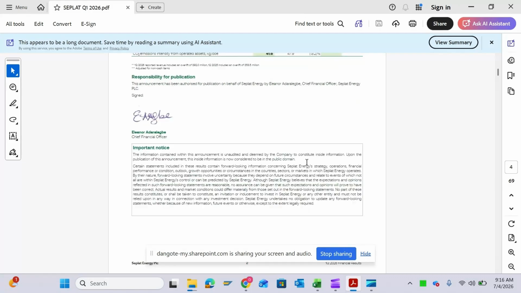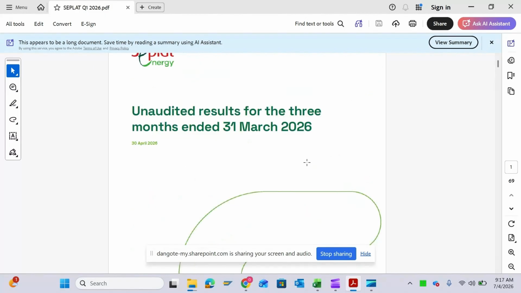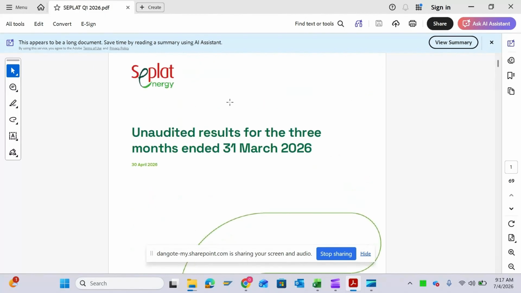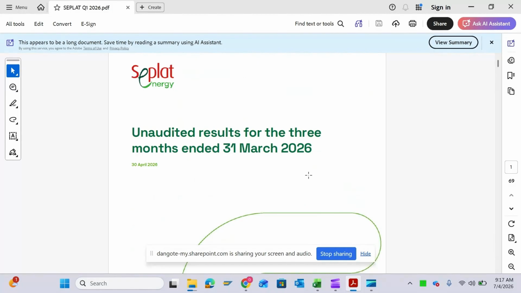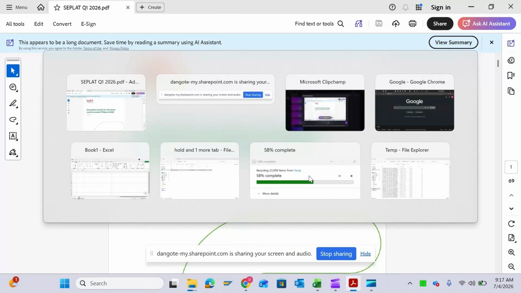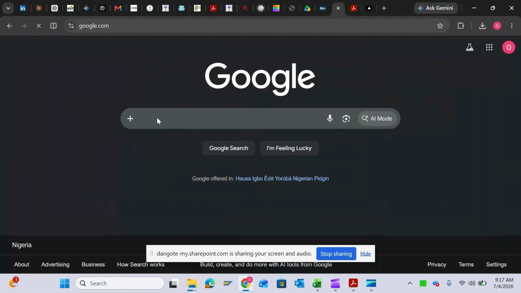So firstly, we are going to use the Seplat financial statements. As you can see on my screen, I have the one for the recently released Q1 2026. So how do you get this? You can either go to Google and just type Seplat Q1 2026 download.